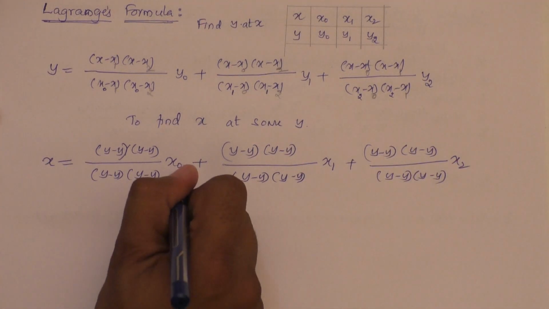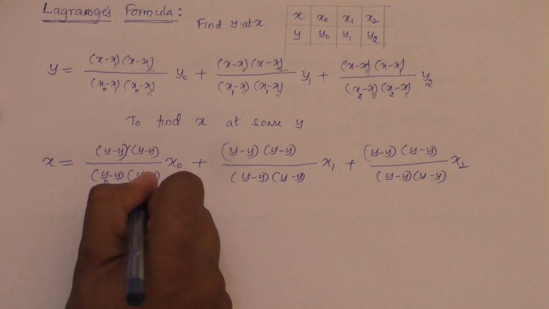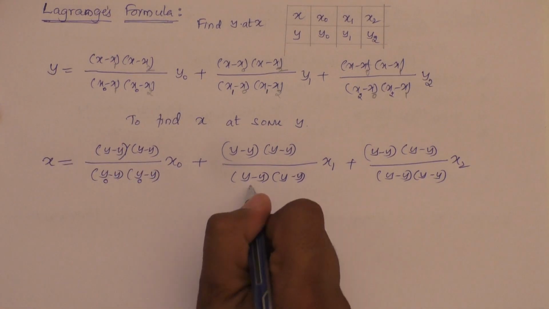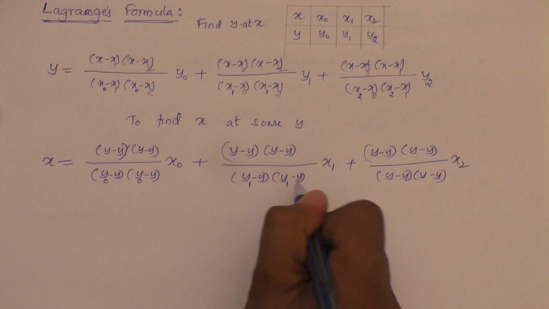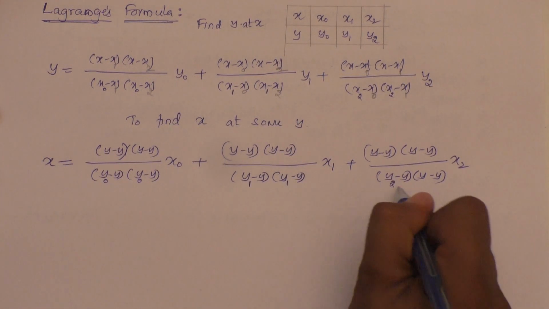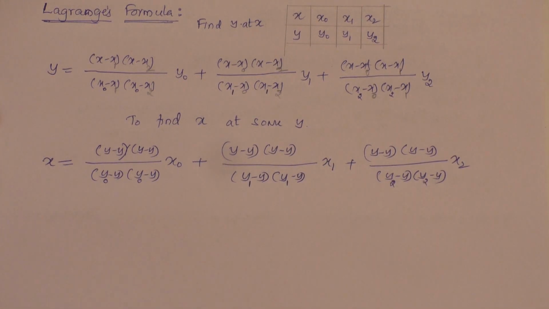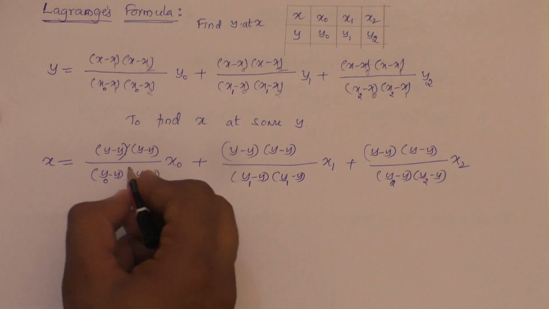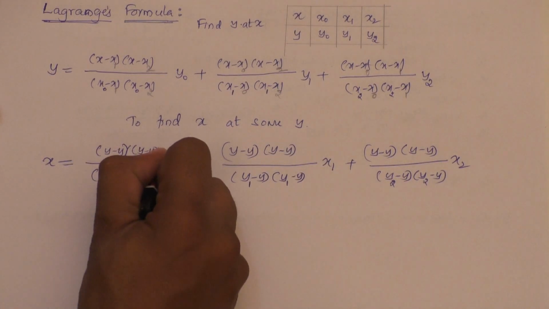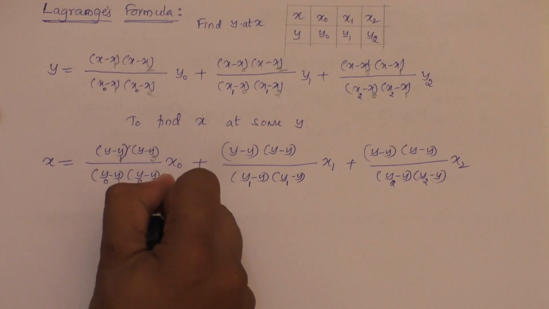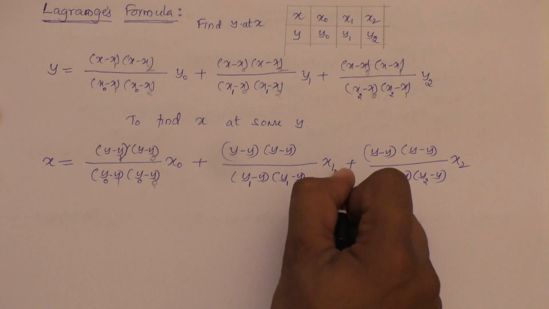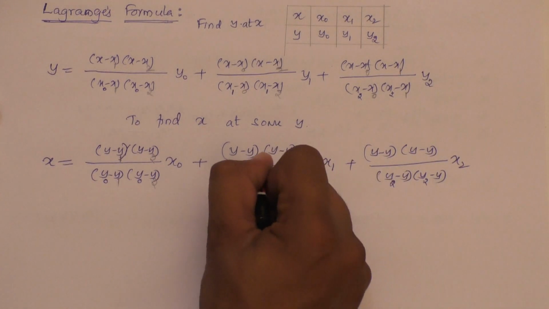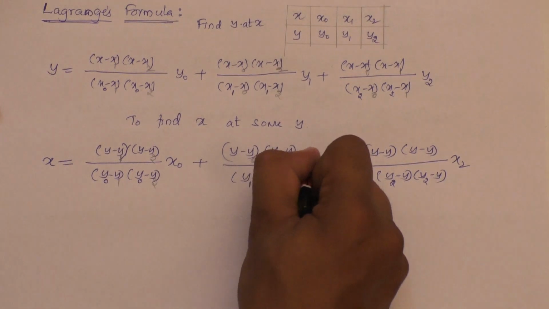For the first term the subscript is naught, here 1, here 2. Now how to complete the formula? If 0 is considered, remaining is 1 2, so 1 2, 1 2. Here 1 is there, so leave 1: 0 2, 0 2.